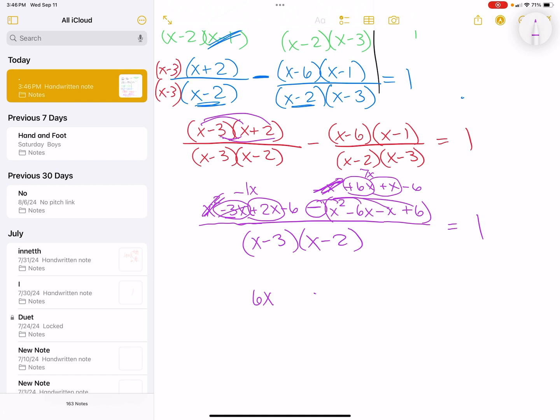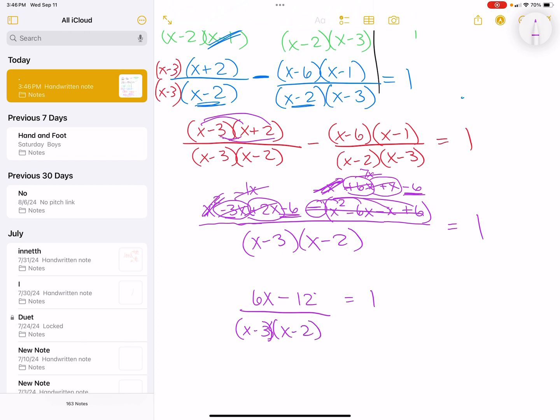So now my x's are all done. I'm just crossing out because I already did it, right? This is gone. Now I have minus 6, which is minus 12. All right, and that's still over this (x - 3)(x - 2). That's still what it's on top of.